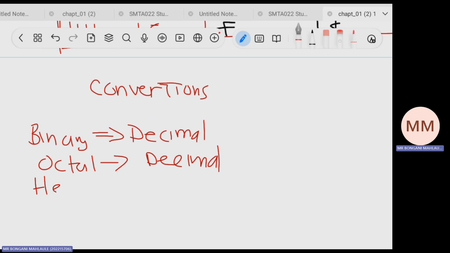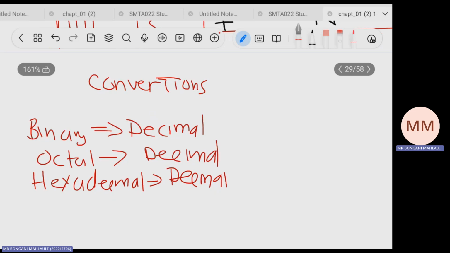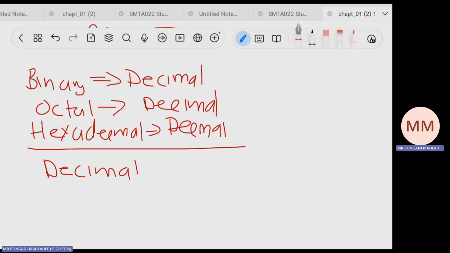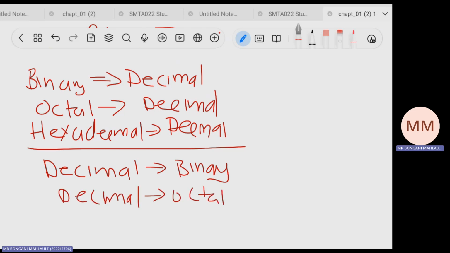You can convert from hexadecimal to decimal. You can also convert from decimal to binary. From decimal, you can convert again to octal. Just the opposite, right? So don't do these things in the same way.